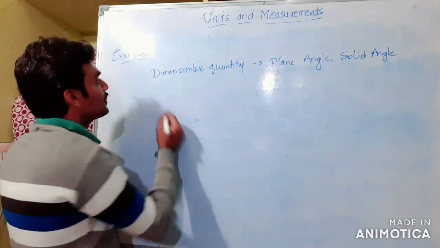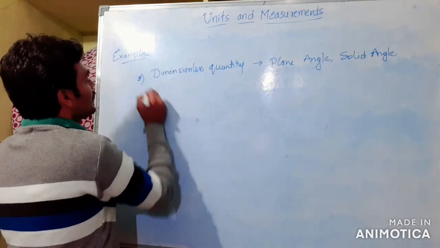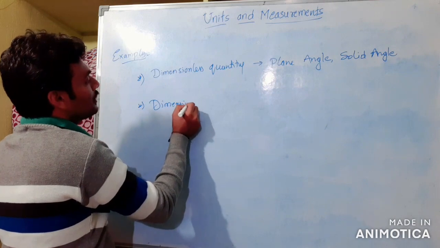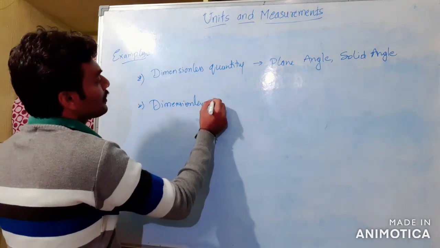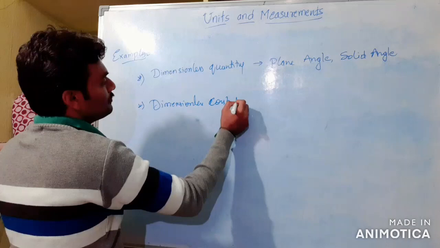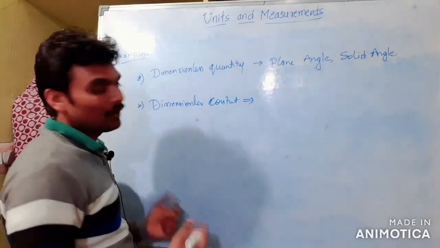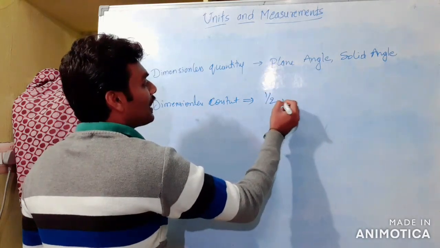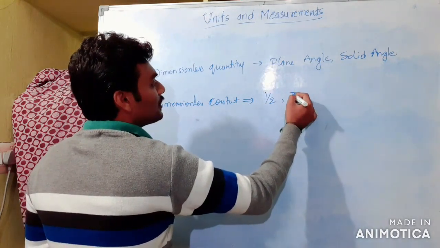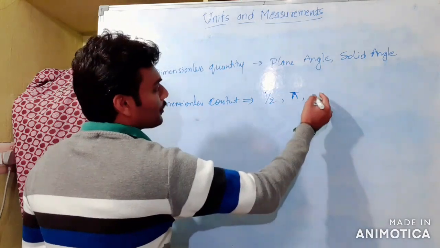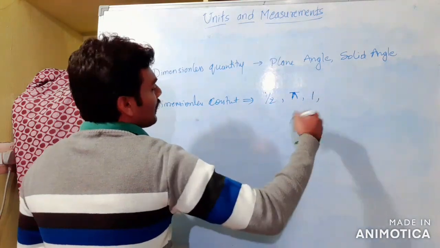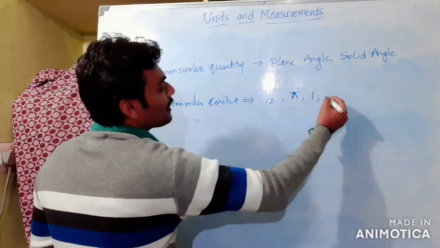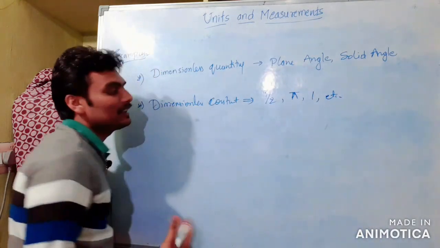Next, the example that you can be asked is dimensionless constant. So dimensionless constants, we have so many. Any number you write, half, pi, 1, and you can get so many other examples, which are dimensionless constants.